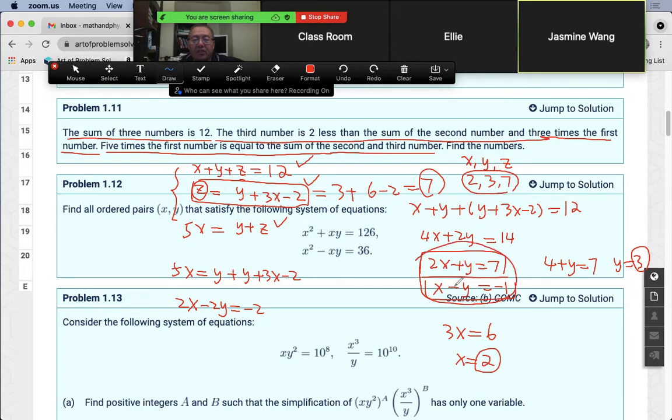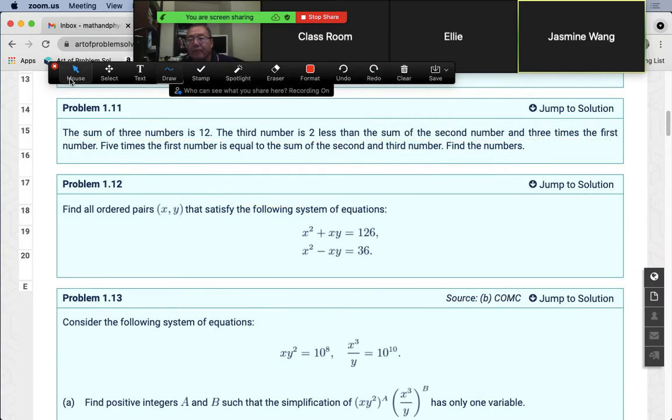Then solve these equations. You also have 2 ways, right? You can use substitution. You can also use elimination. Using elimination, you just add these 2 equations together. You immediately cancel the y variable. Then you get this equation only related to x. Then solve x. Then plug back into any of these 2 equations to get y. After that, you plug back to here to get z. Okay, this is very clear.